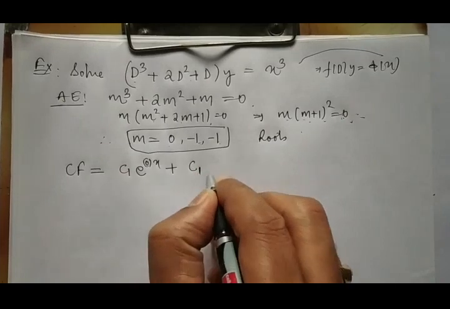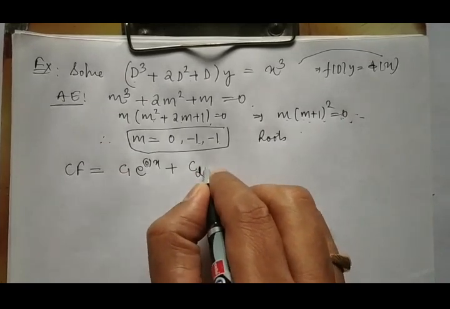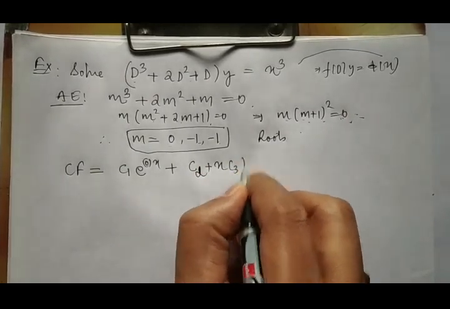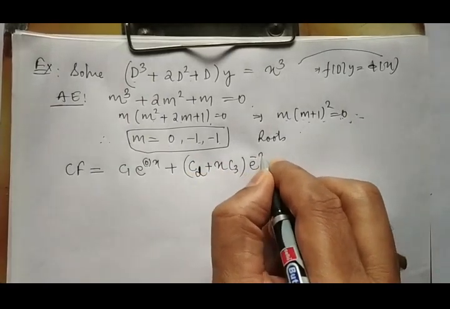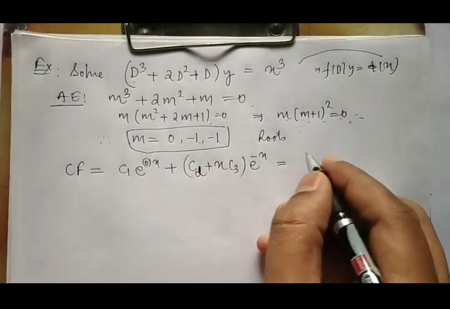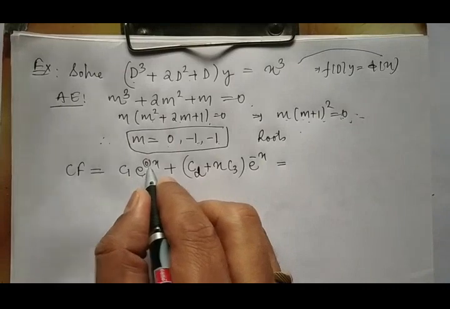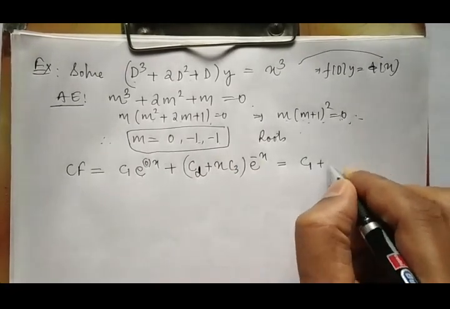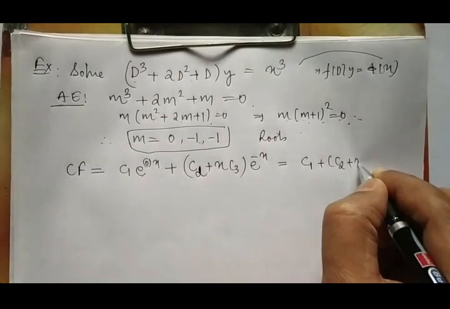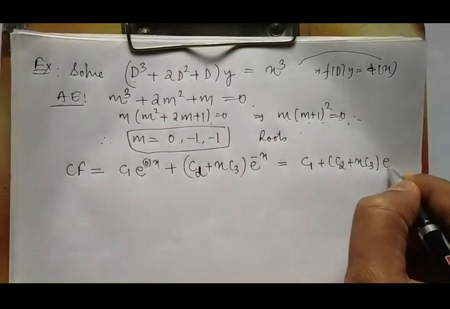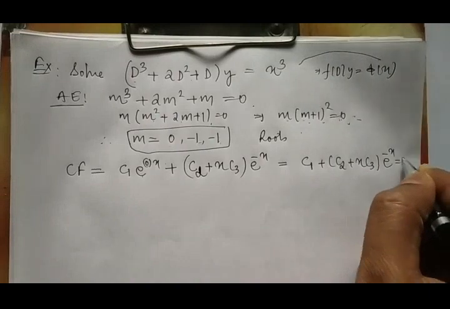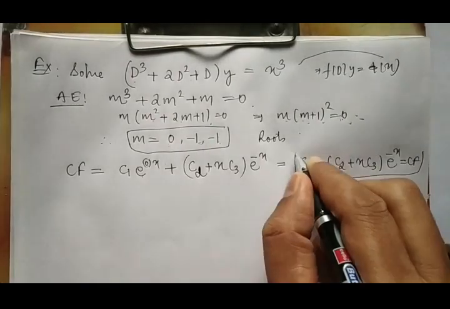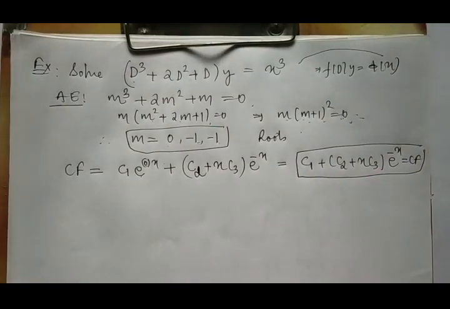Therefore, we will write complementary function as C2 plus x into C3 into e raised to minus x. e raised to 0 times x is nothing but 1. Therefore, we write it as C1 plus C2 plus x into C3 into e raised to minus x. So, this is called as a complementary function of the given example.